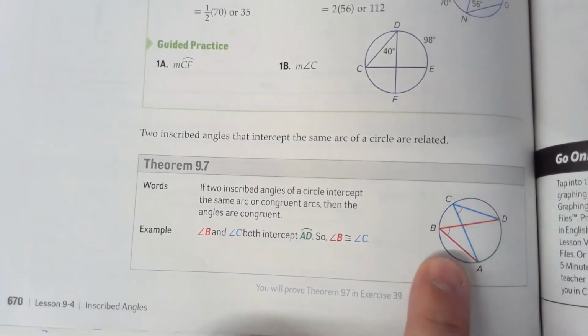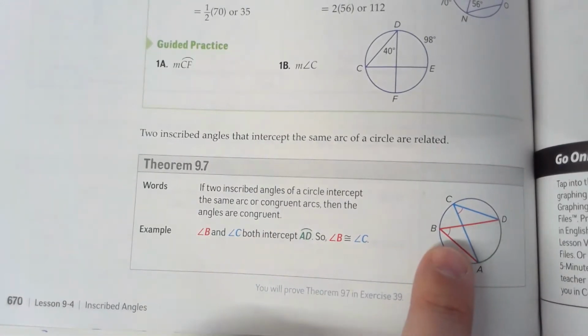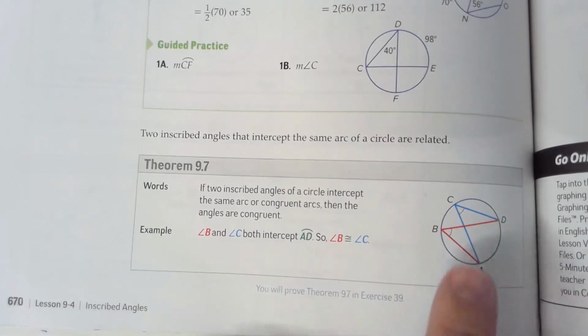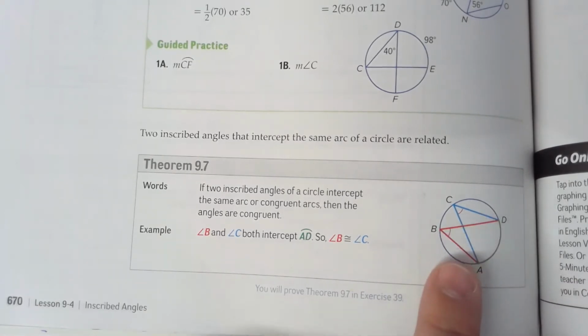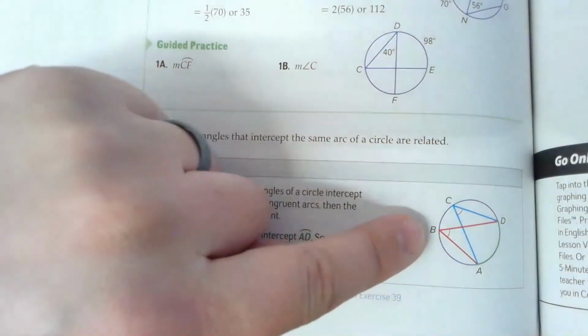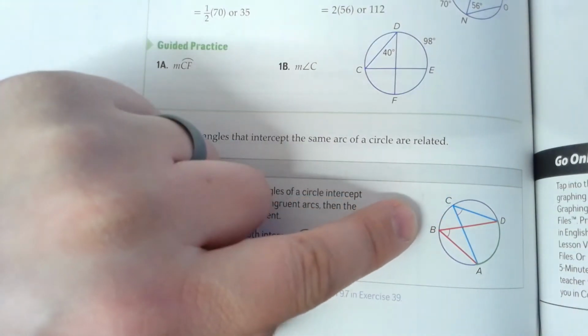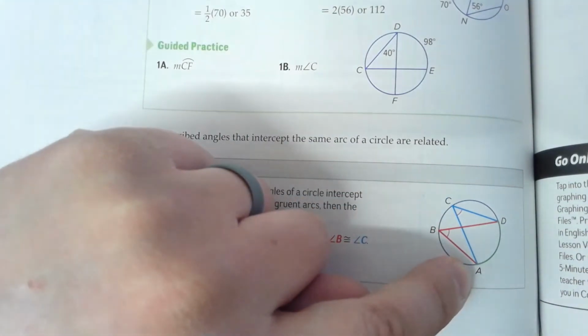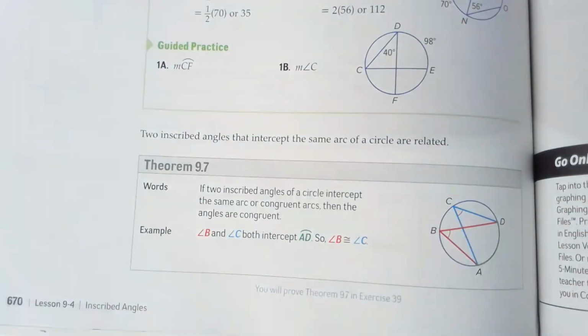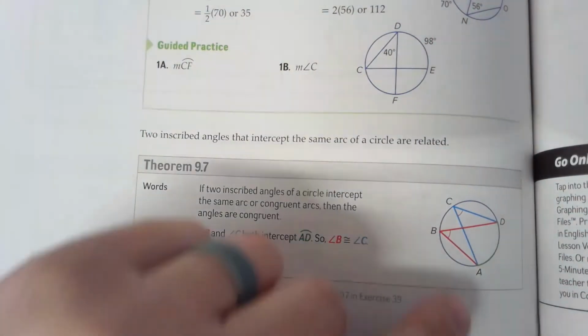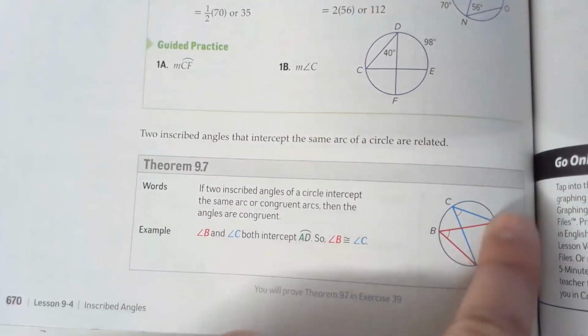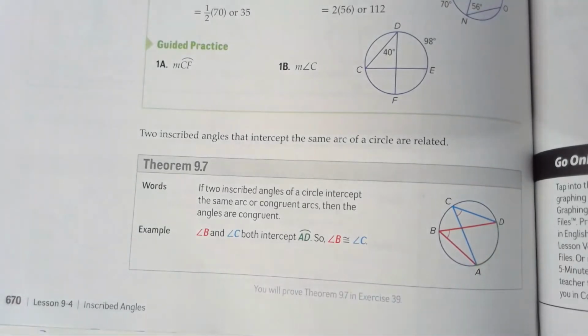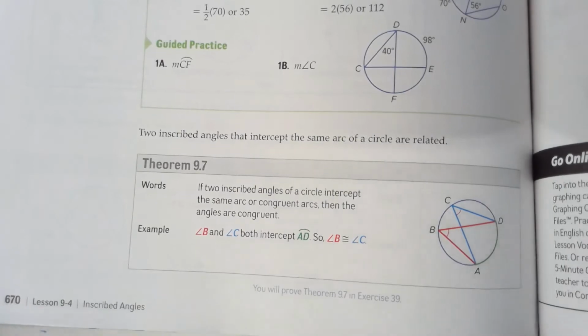Noticing here we've got this angle in red and the angle in blue. They are both congruent, and that is not because of where they start, because they both start on the circle, but because of where they end. They both end at points A and D on this circle. And so the arc they both are intercepting is from A to D. So they're going to end up being congruent to each other.